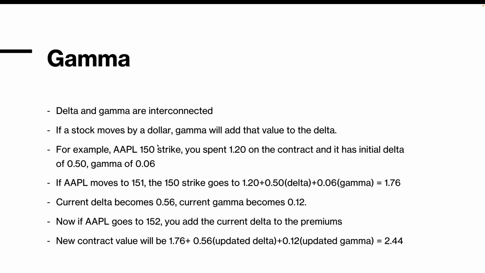You'll see the delta of minus 50. But the explanations are still the same. If it goes down $1, it's going to add the gamma value to it. And if it goes down another $1, it's going to add the gamma value again. It still tells you the amount of money you make or lose, but the delta in puts is going to be negative, and the delta on calls is going to be positive.